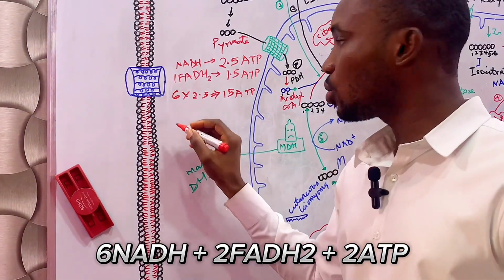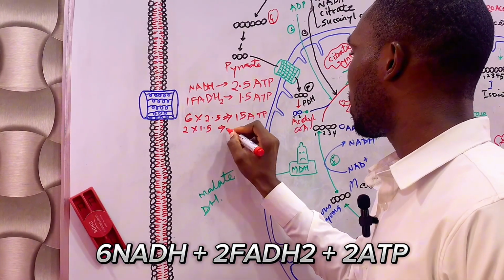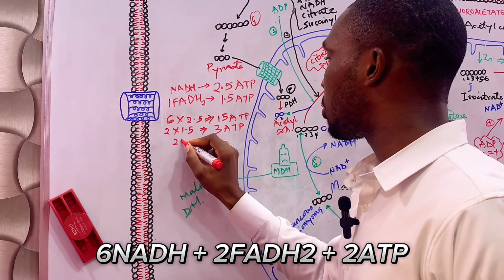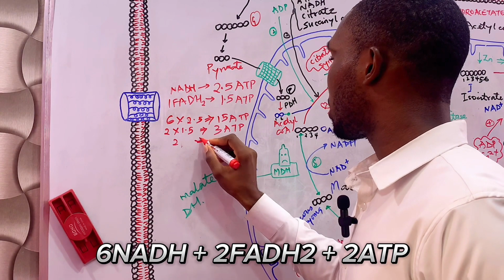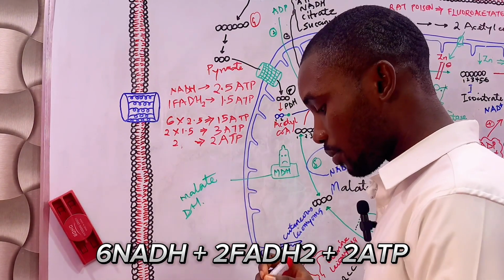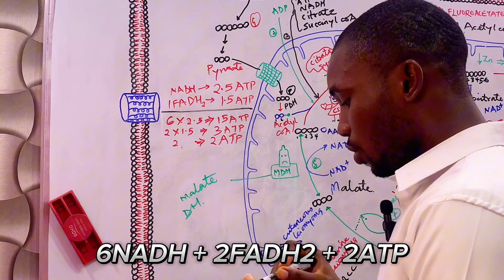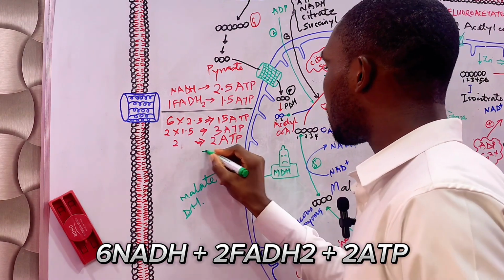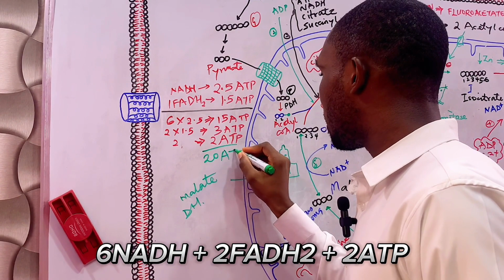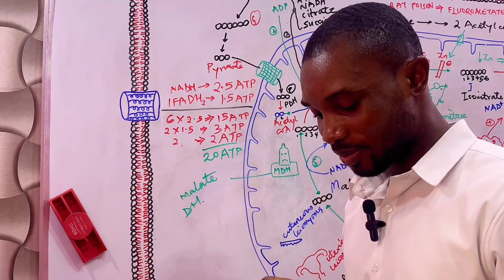And then we had 2 FADH2, that's 2 times 1.5 will give us 3 ATP. And then we had 2 ATP, right? So you would see that eventually you would have 15 plus 3, 18 plus 2, 20 ATP generated by Krebs cycle from one glucose molecule.